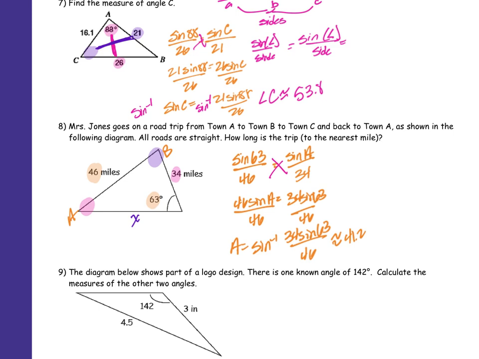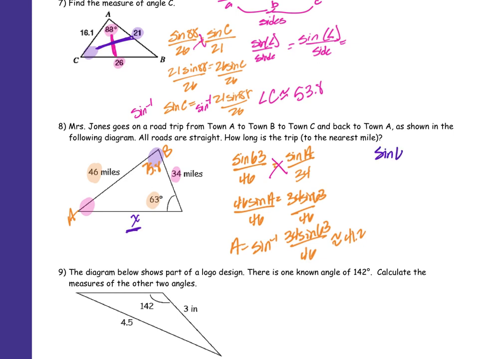180 minus 63 minus 41.2 is 75.8. So now there's the angle that I need to solve for this side, which is what I'm looking for. So I've got sine of 63. I'm going to use this one over again.